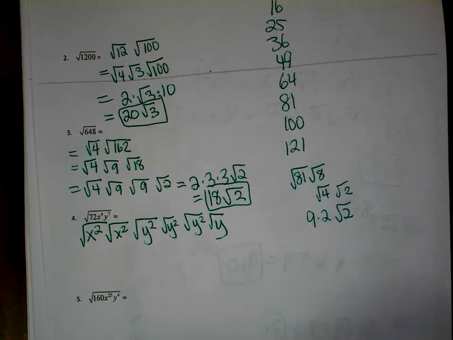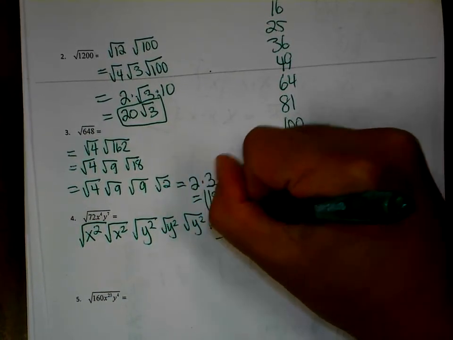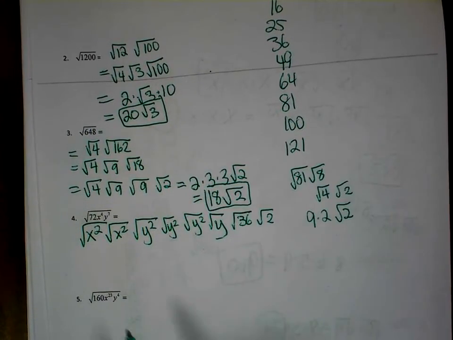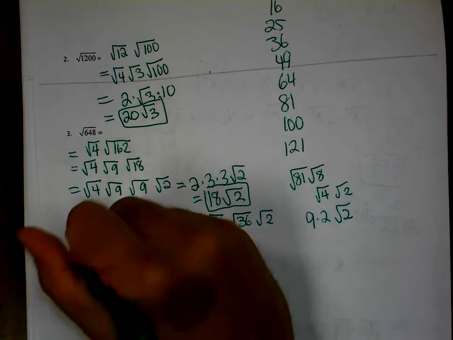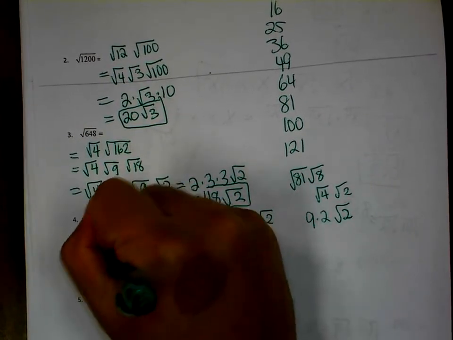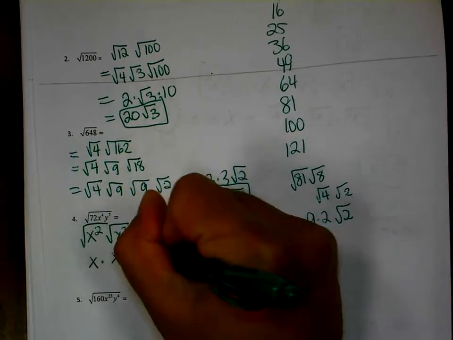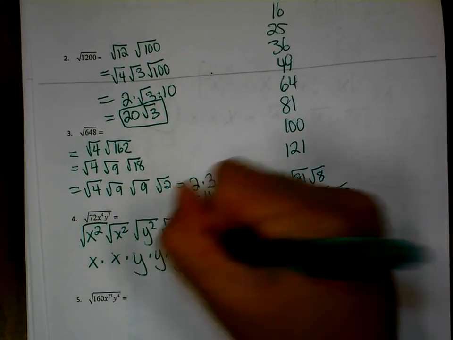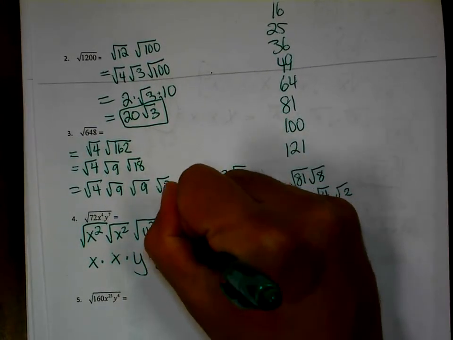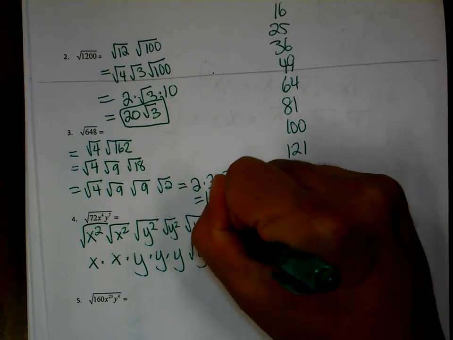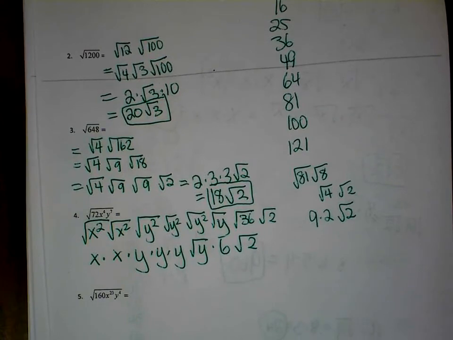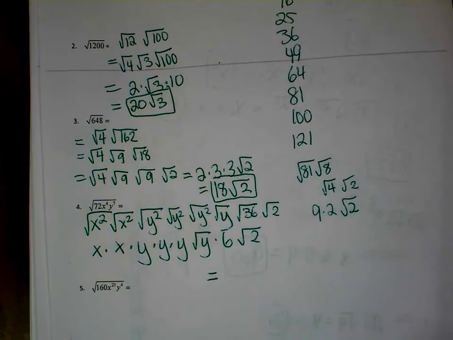And also I have this 72, which turns out to be square root of 36, square root of 2. So these are all multiplied together. So now square root of x squared is just x, square root of y squared is y, and so on, so y cubed. Square root of y stays square root of y. 36 turns to 6, and square root of 2 stays. Now I need to rewrite this in some more sensible way.